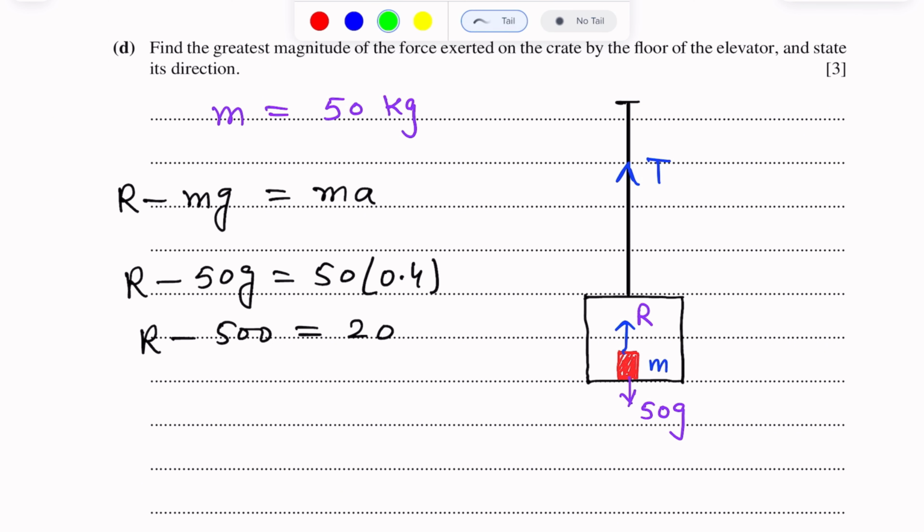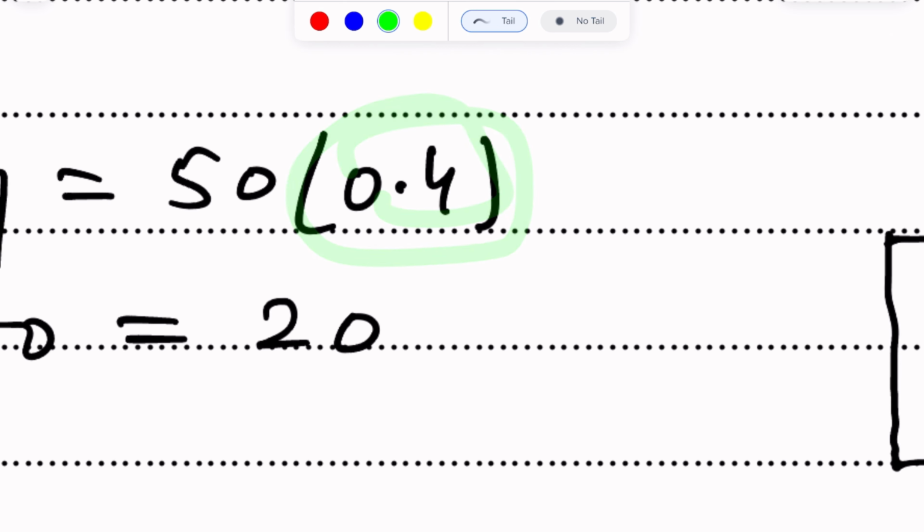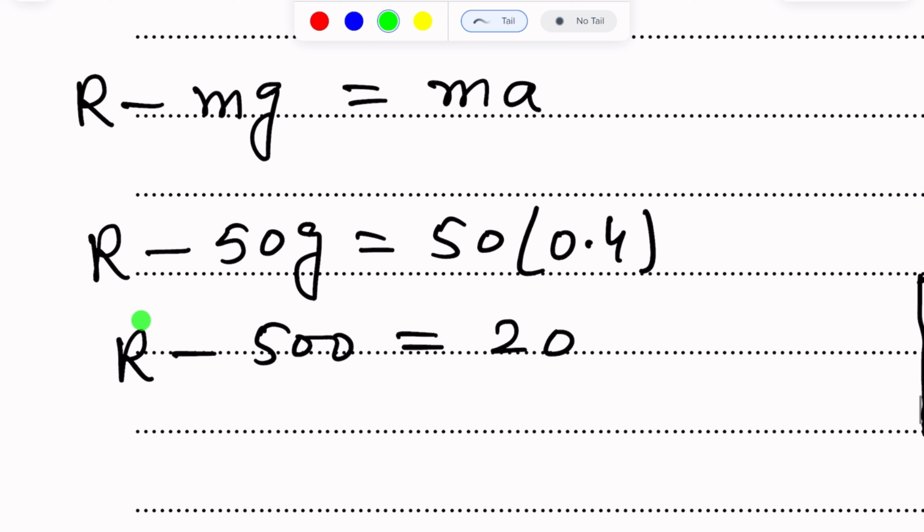It is very clear that if we take a negative value, we cannot get the greatest value of R, because it will be 500 minus 20, which is 480.